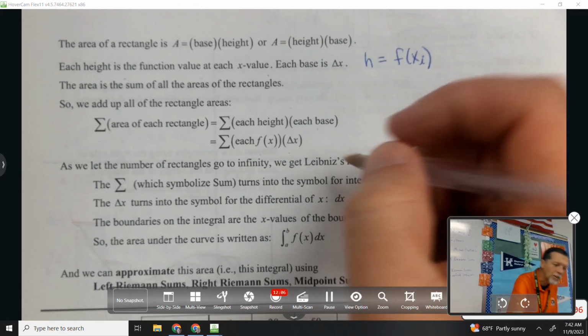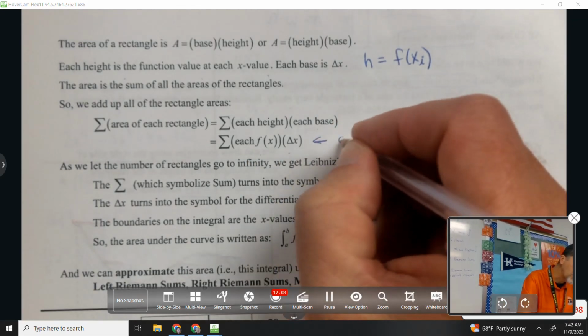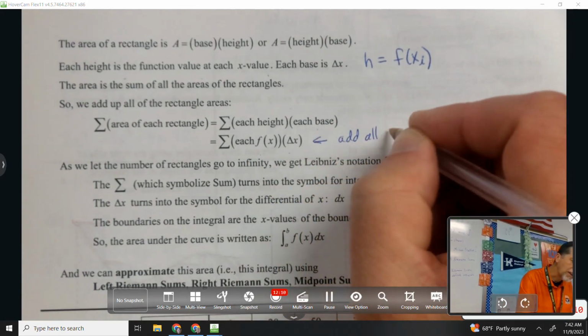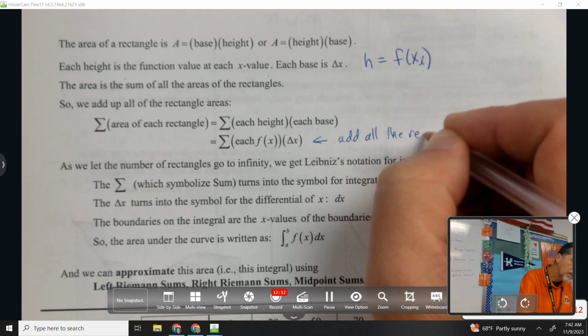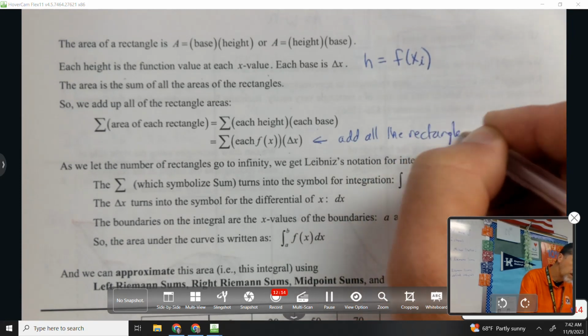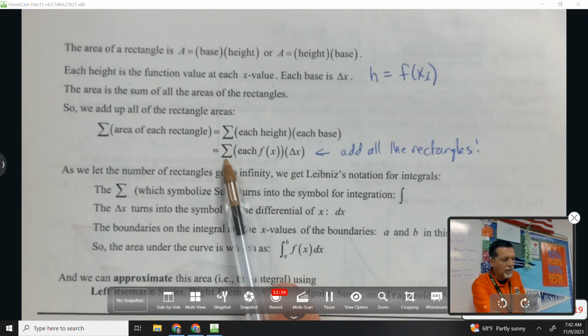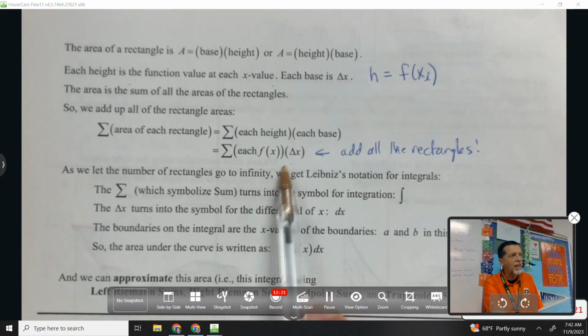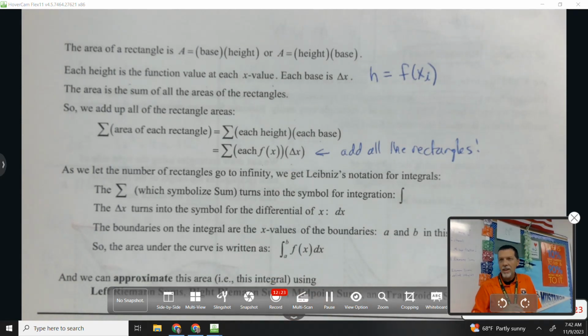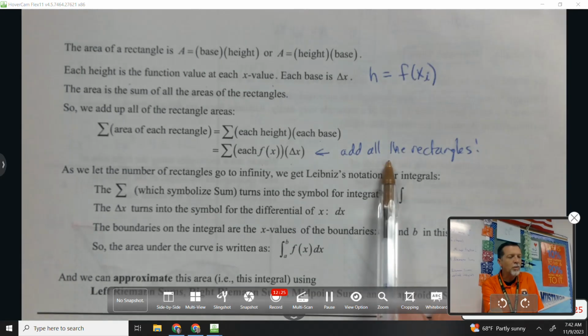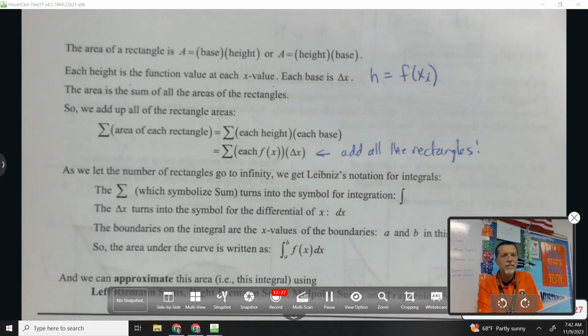But that mathy looking formula still just means add all the rectangles. So don't get lost in the, I don't know what the big capital E looking thing means, and f of x and delta x. It's all fancy words and fancy symbols for add all the rectangles.